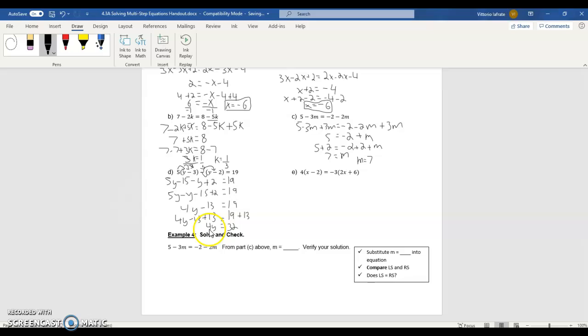And now we can divide by 4. So I'm just going to carry this problem out here. So 4y is equal to 32. Divide both sides by 4, because we want to unmultiply. We want to do the inverse operation of a multiplication. The 4's cancel out, because they become 1. So y is equal to 8.